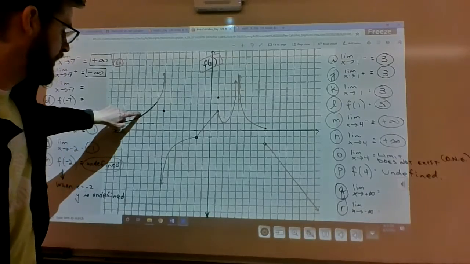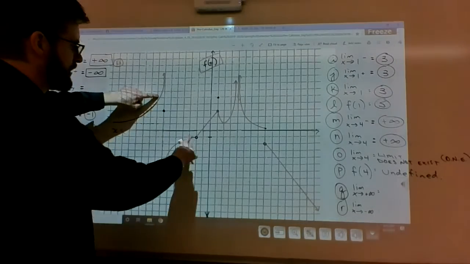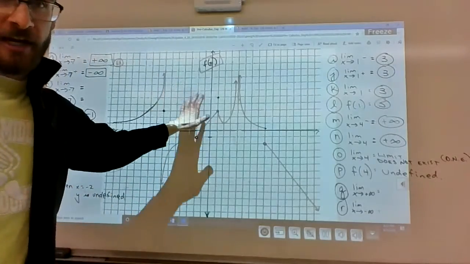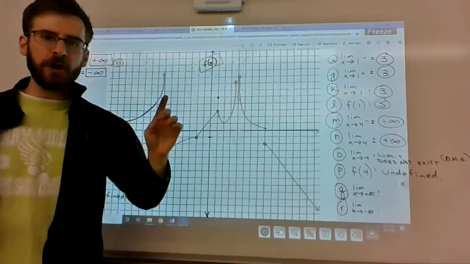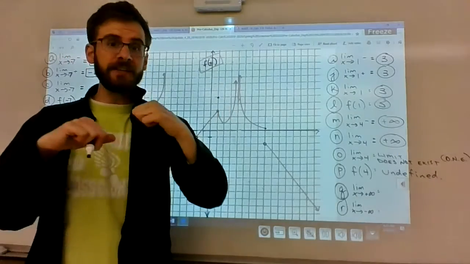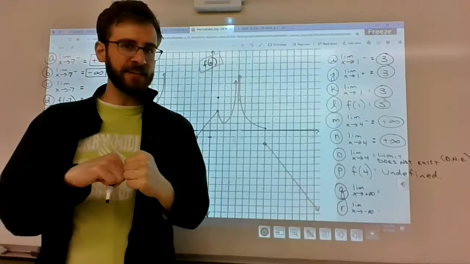Here's why. This driver will never converge with this driver. They are forever heading in opposite directions. So if you have two drivers forever heading in opposite directions, then they will never meet, which means that the limit will not exist at that spot.